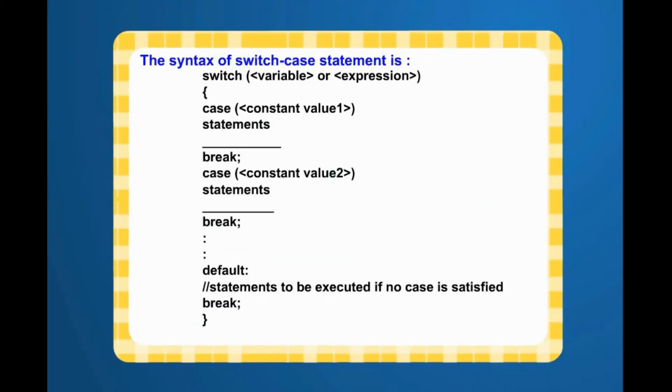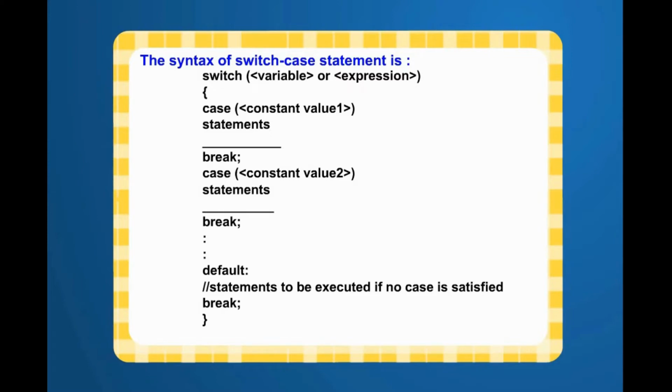The syntax of the switch case statement is: switch variable or expression, case constant value 1, statements, break, case constant value 2, statements, break, default, statements to be executed if no case is satisfied, break.